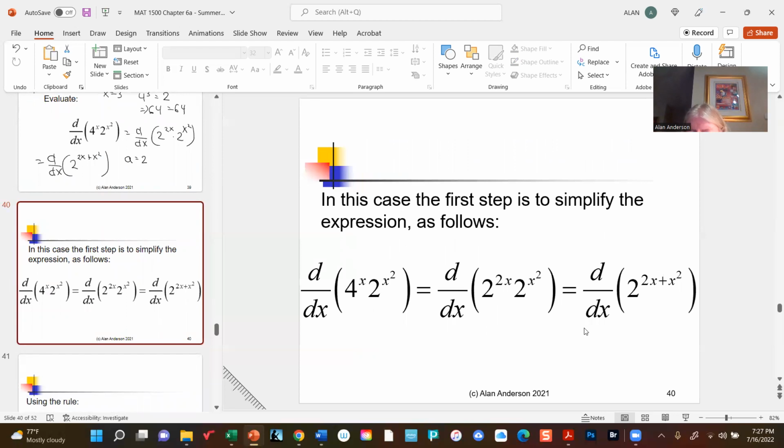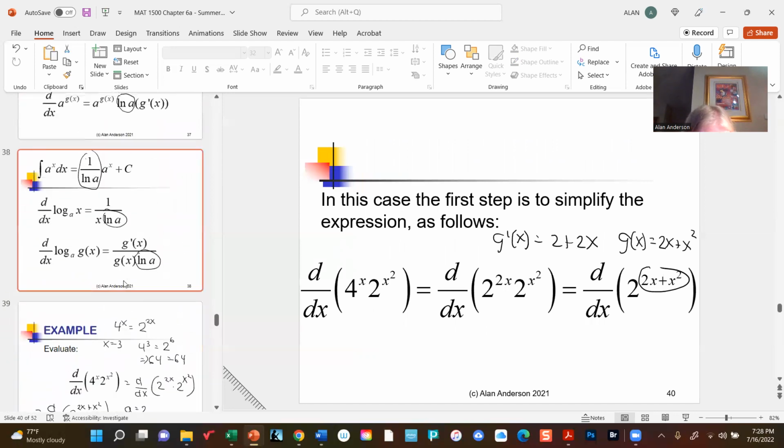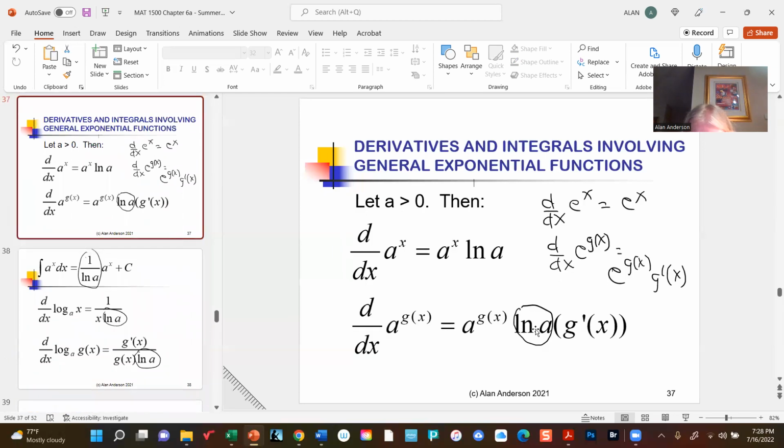So you're going to have g of x here, which implies that g prime of x is 2 plus 2x. And the rule that we need, again, is this one.